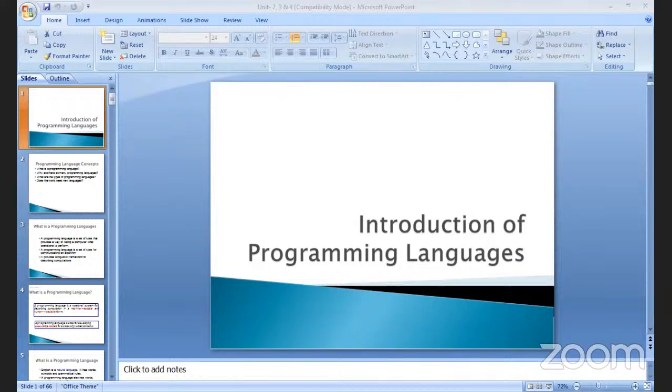Next is the operating system: the purpose of an operating system, types of operating systems, and how an operating system takes control of the computer. Then different languages like commercial language, assembly language, high level language, language processors and programming languages, and their generations.